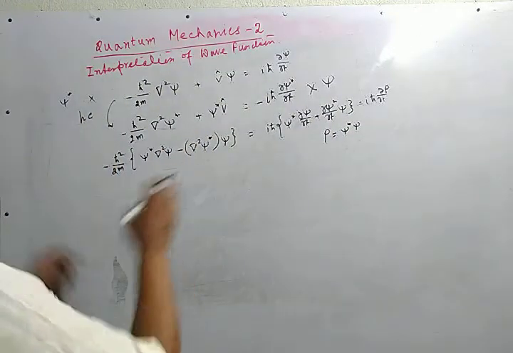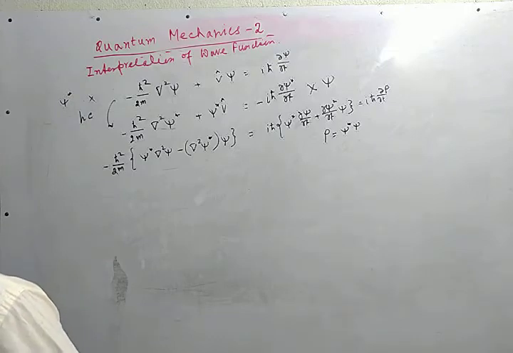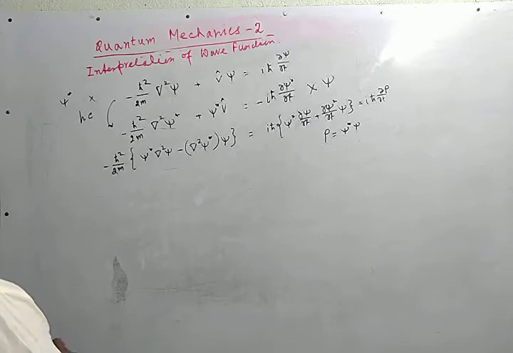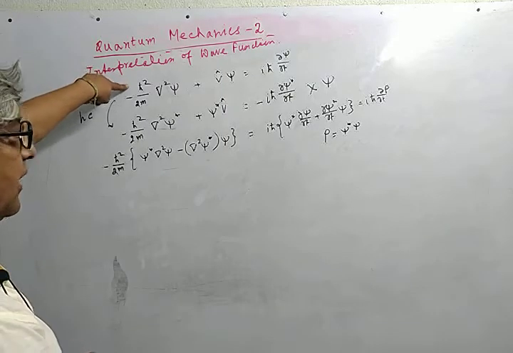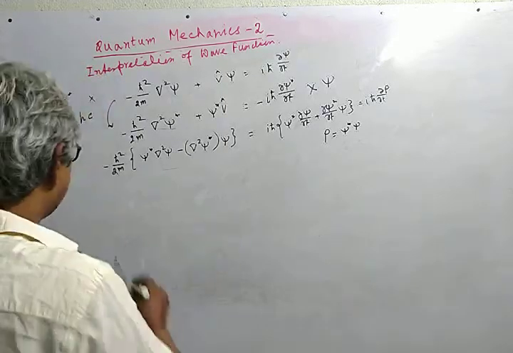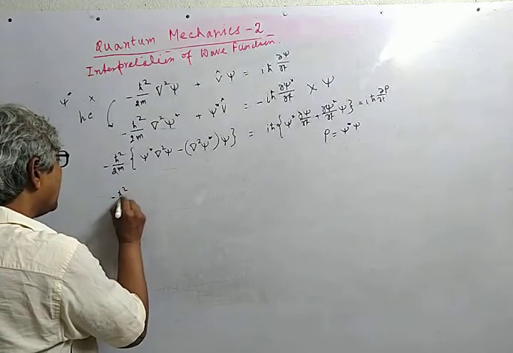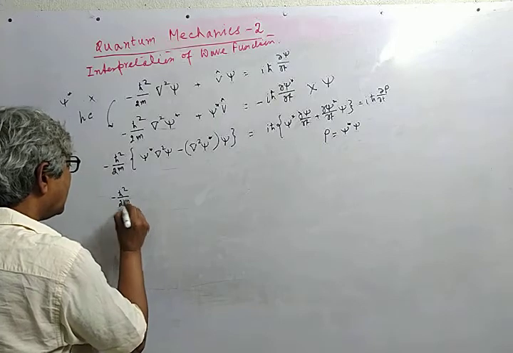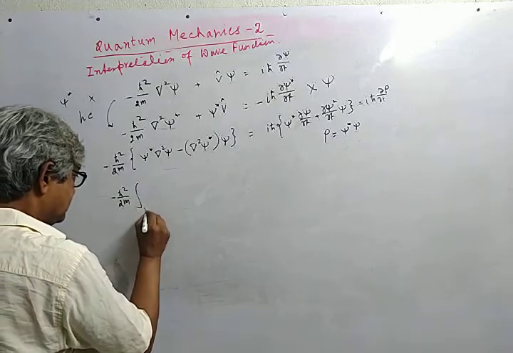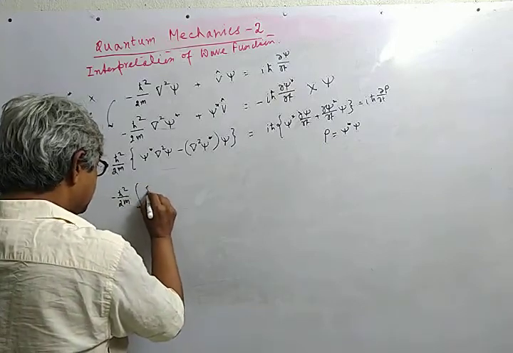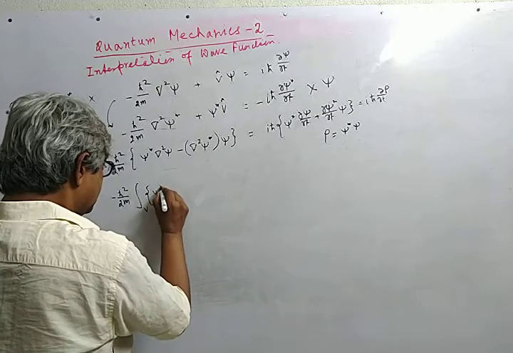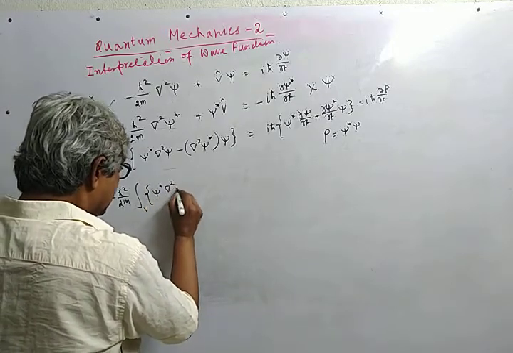Now we multiply this equation by dV and integrate over the volume V on which the system prevails. So we get this result.